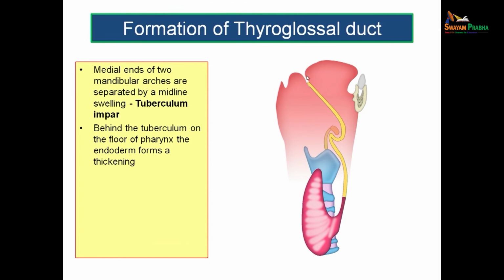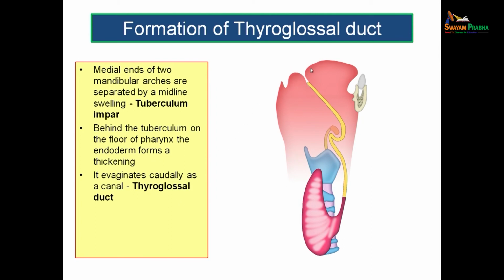Just behind this tuberculum impar, you get another elevation which is just a thickening of the endoderm. Now what happens is, there is an invagination along this thickening towards the caudal aspect, and this invagination is actually the thyroglossal duct.